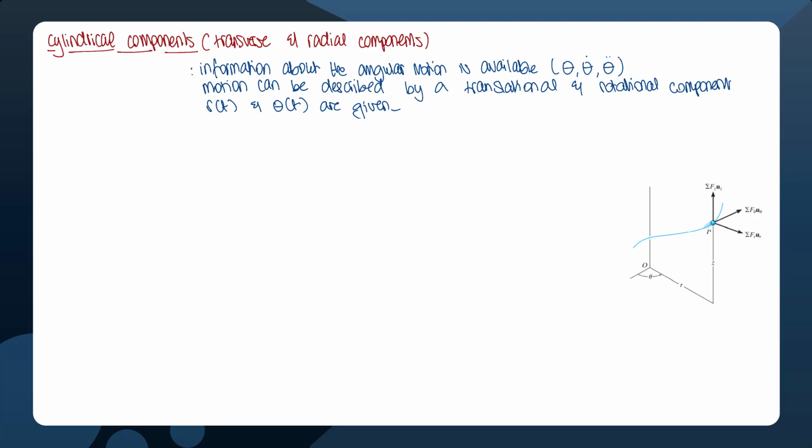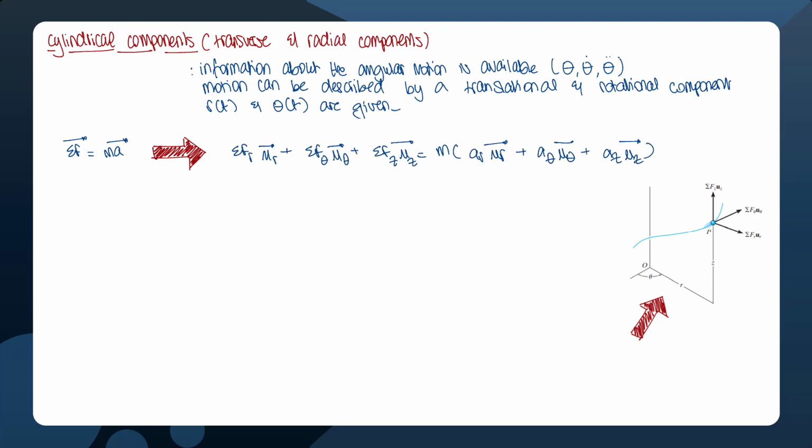Now, what would actually be the three equations of motion for the cylindrical coordinate system? Well, let us start again with the initial equation: sigma F is equal to ma. Next, we can split that into the three axes, as we can see on the image on the right. So we get sigma Fr u_r plus sigma F theta u_theta plus sigma Fz u_z, and all that is equal to m times (a_r u_r plus a_theta u_theta plus a_z u_z).